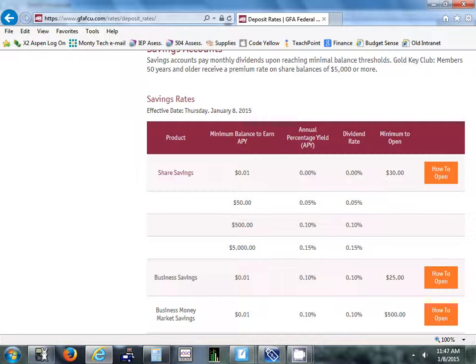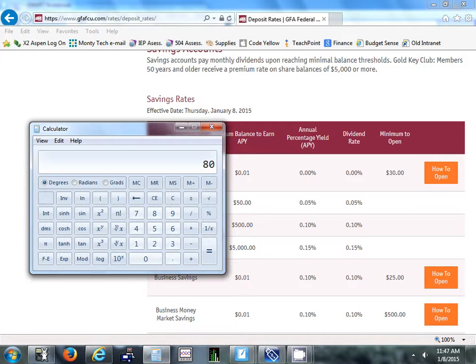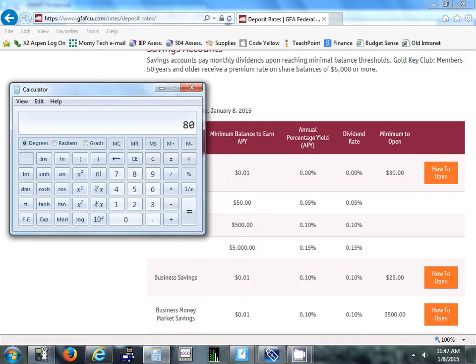Let's just see quick with simple interest. If you put $5,000 in a bank account and made that much interest, how much would you have after a year? Let's just do simple interest to do it quick. So your principal times your rate. If you had something like 15%, that would be 0.15. So this is 0.0015.